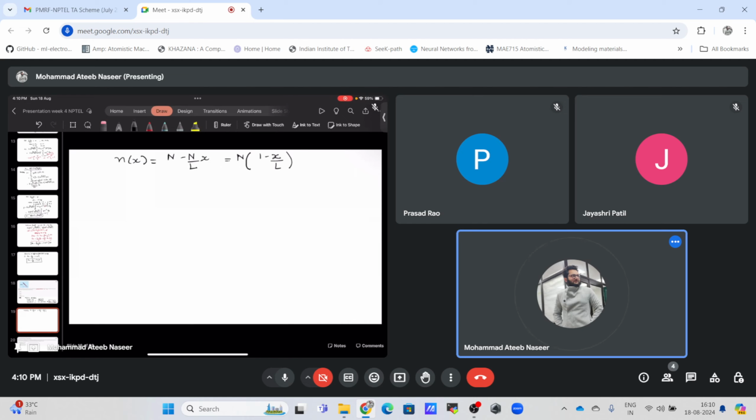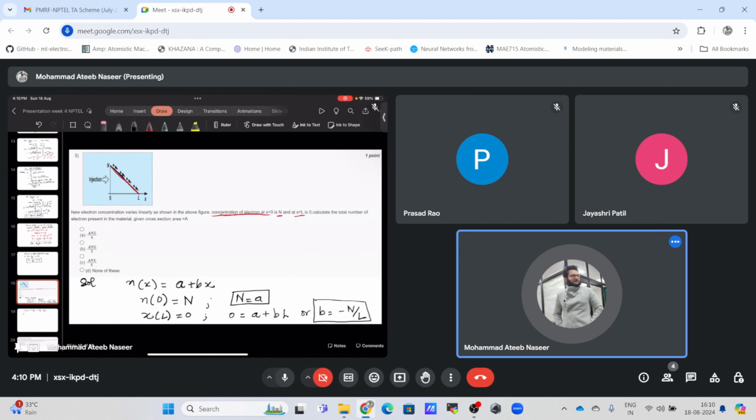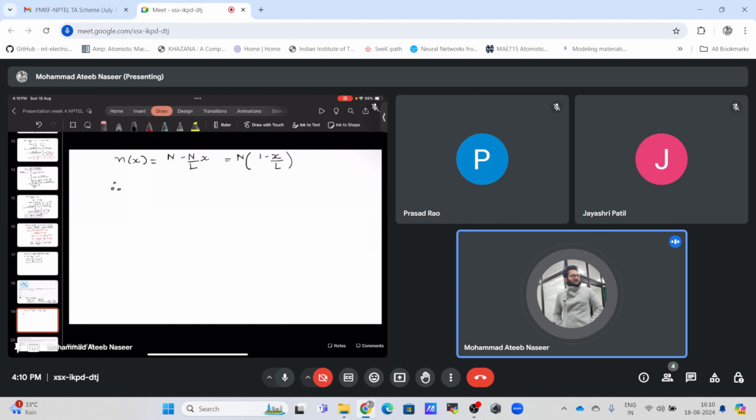So the total electron number needs to be found out when we have been given the area to be equal to A. The total number of electrons is simply concentration times the volume.